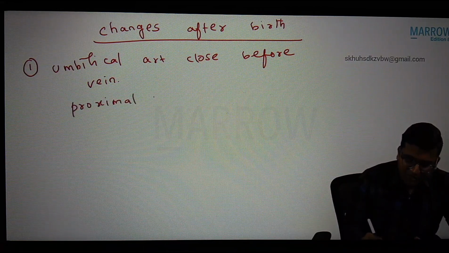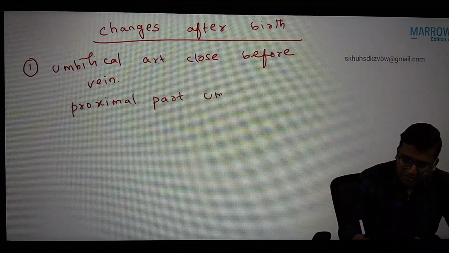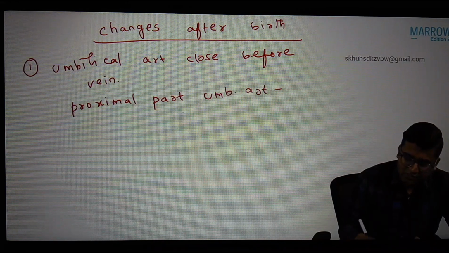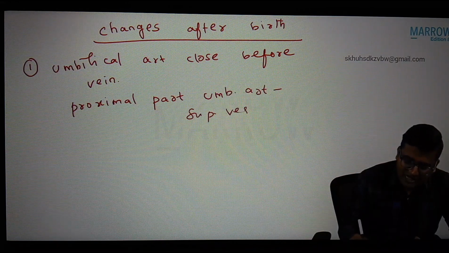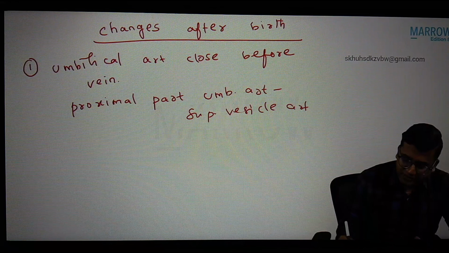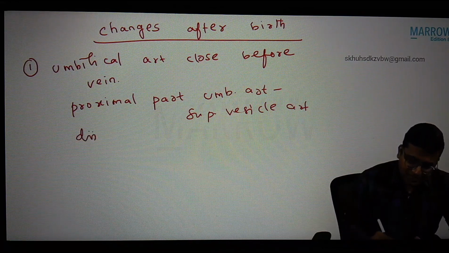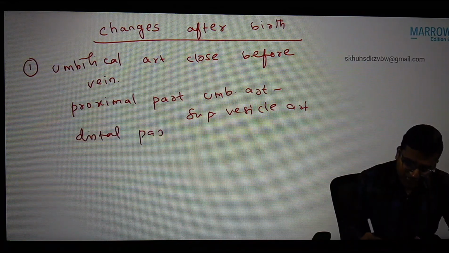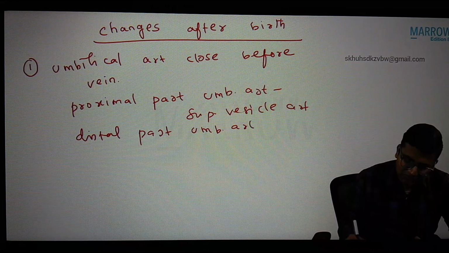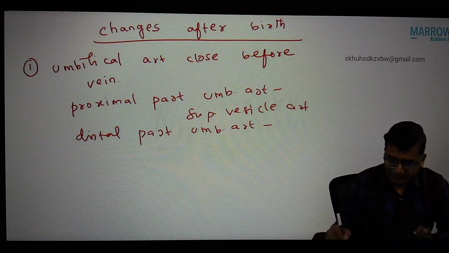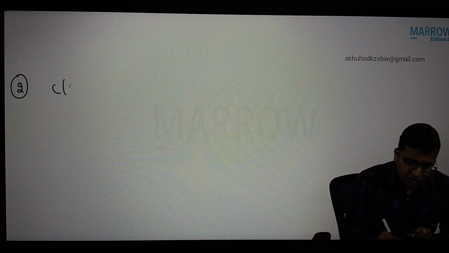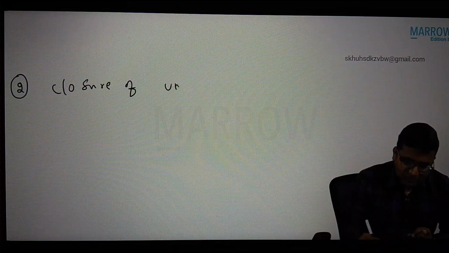The proximal part of the umbilical artery will form the superior vesical artery. The distal part of the umbilical artery obliterates.